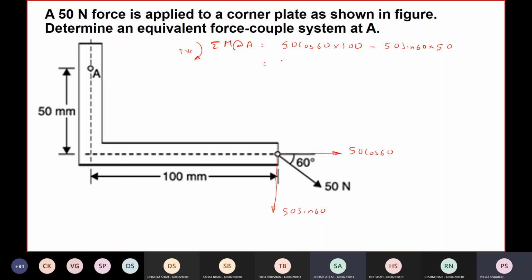No. See, this is 50 into 100, and it's nearly 50,000.